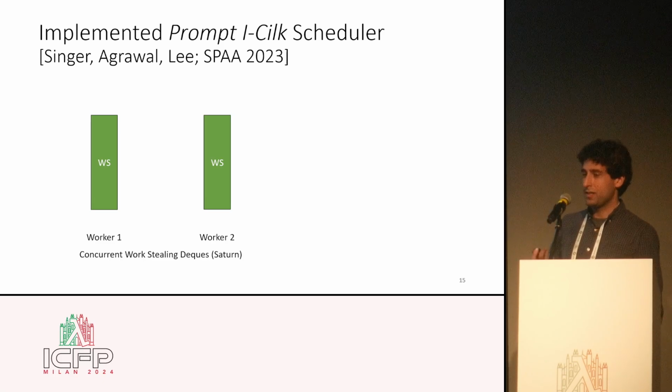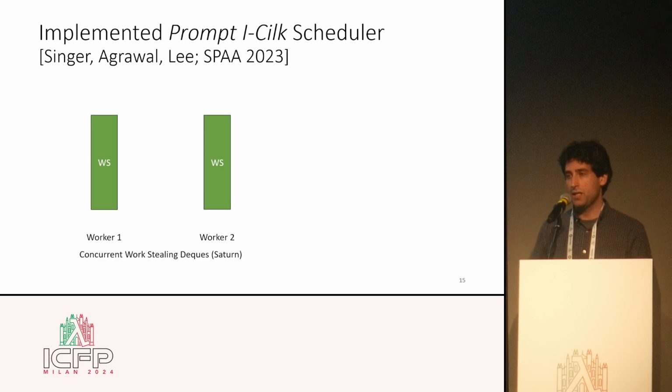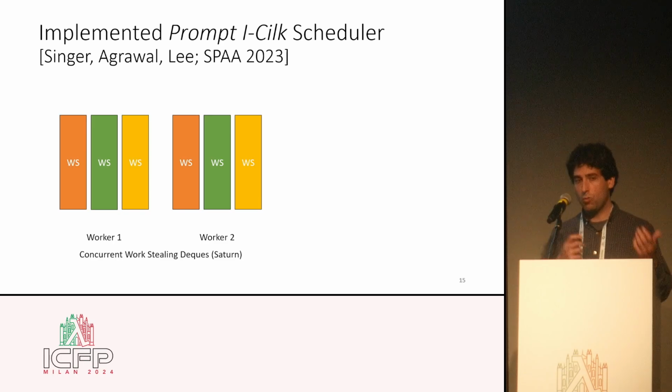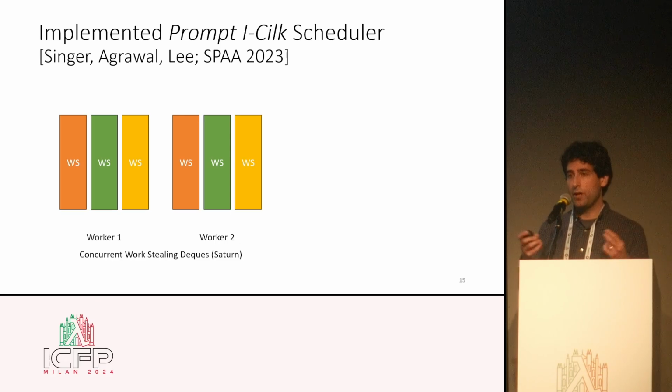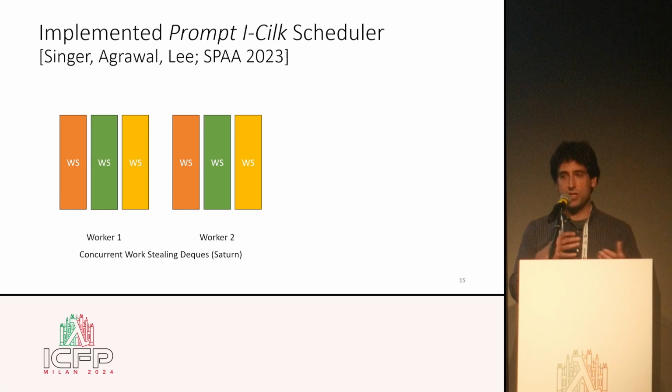In Priodomainslib and in Prompt Cilk, we no longer have one of these per worker. We actually now have one per worker per priority. As with standard work stealing, when you decide you're working at a particular priority, I'm not going to go into too much detail on how you decide which priority you're going to do work at, but intuitively you want to work at the highest priority that you can.